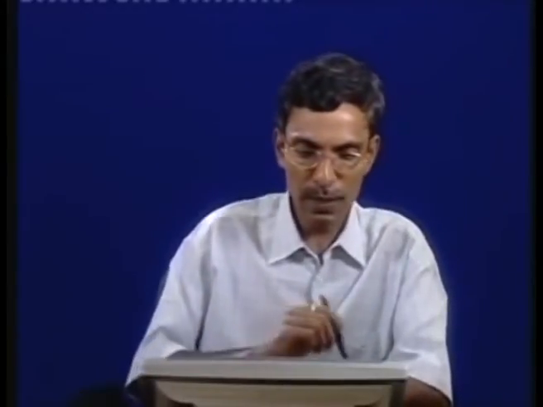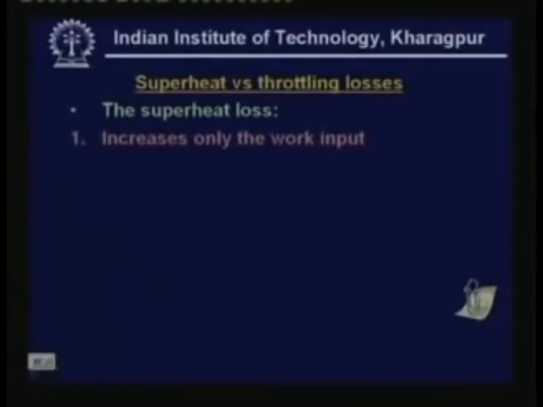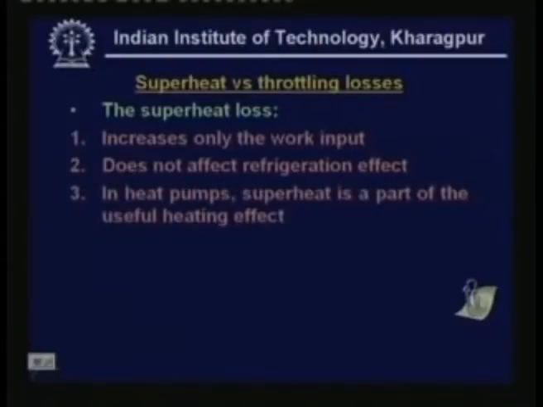The superheat loss increases only the work input, it does not affect the refrigeration effect. And in heat pumps, superheat is a part of the useful heating effect. That means if you are using the refrigeration system for heat pumping, and you are interested in the heat rejected in the condenser, then the heat lost due to the superheat horn is not a loss at all, because that can be recovered.